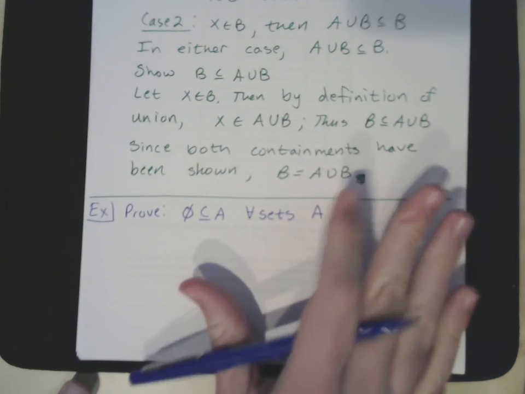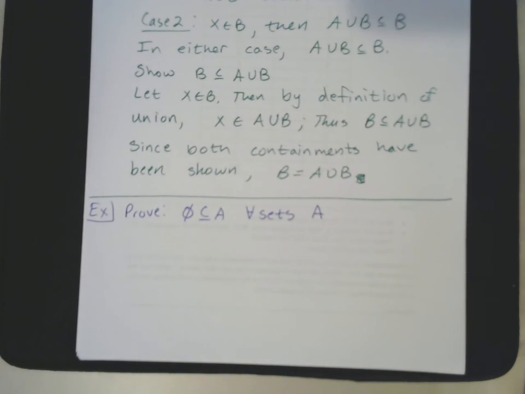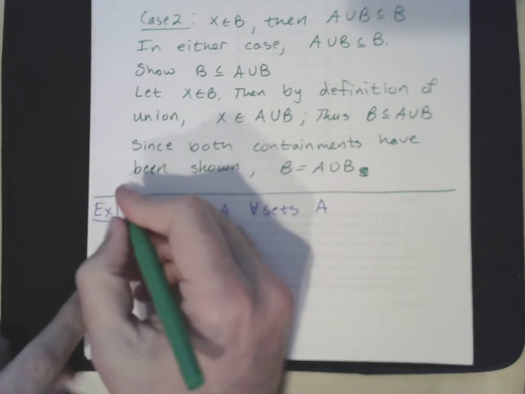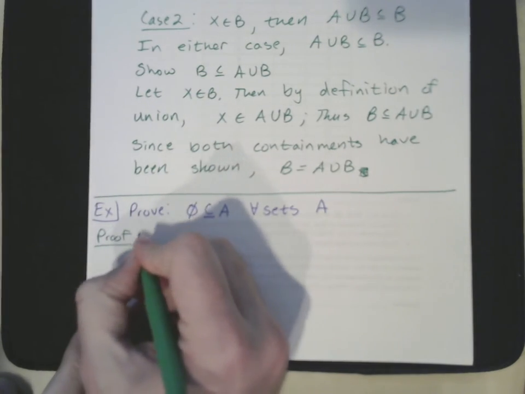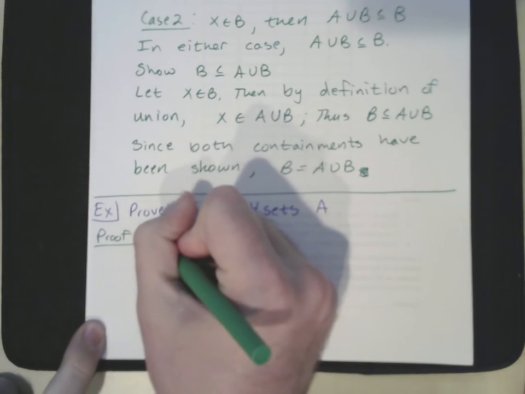Now this is actually really hard to show directly because, as we know, the empty set is the set of nothing, which means that we have nothing to use the element method. So what we are going to do is use a contradiction. So we're going to suppose not.